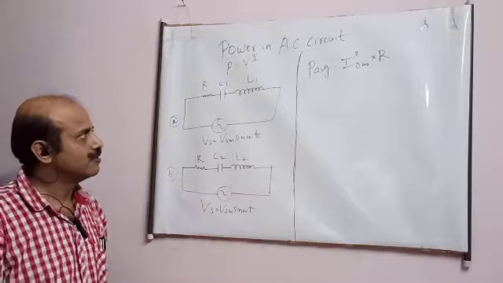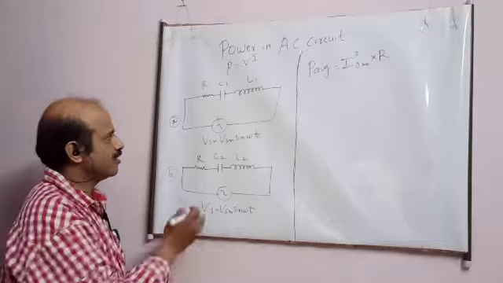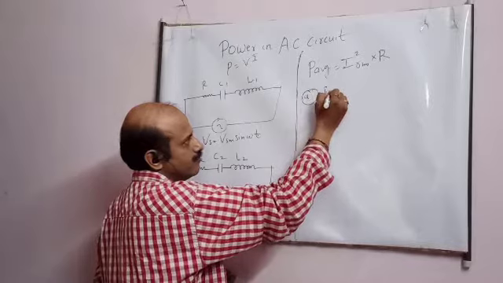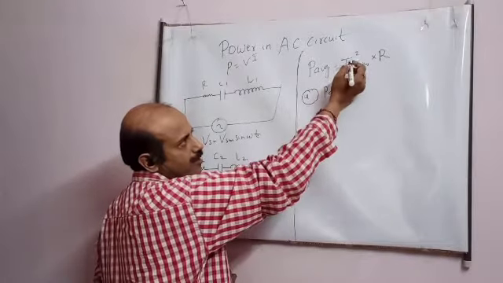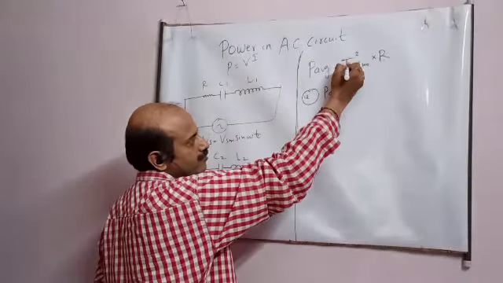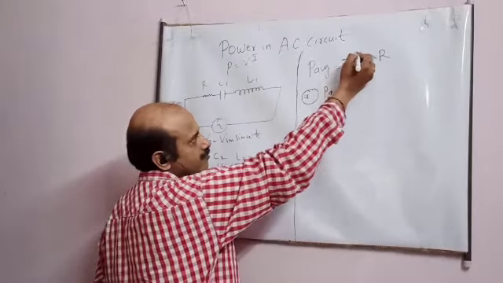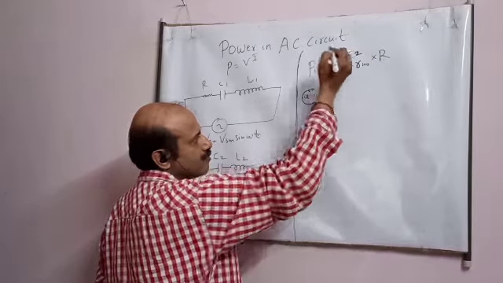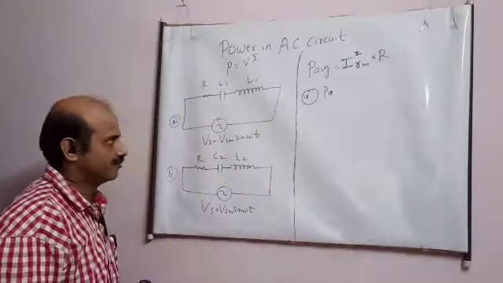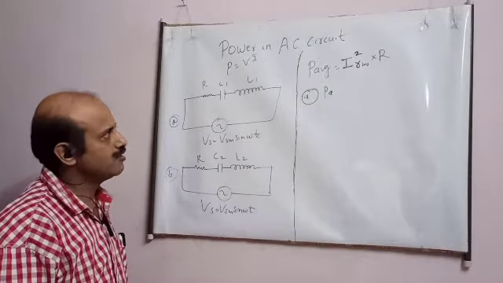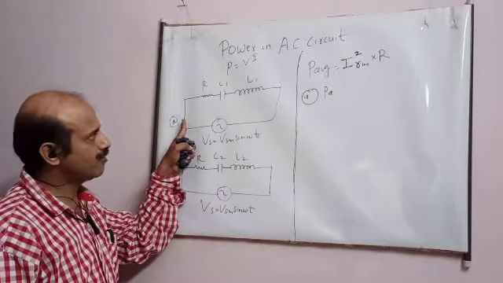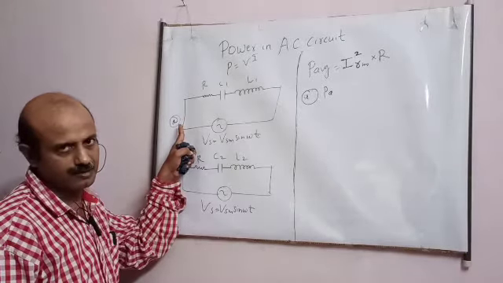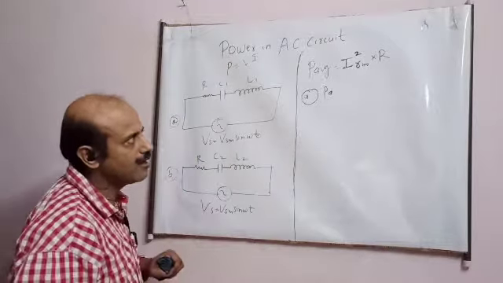Okay. So let's find out the average power in first case A, student. Now, student, how to find out this current? I square. This circuit, student, we have already solved it, and we have seen how to find out the current of this circuit.